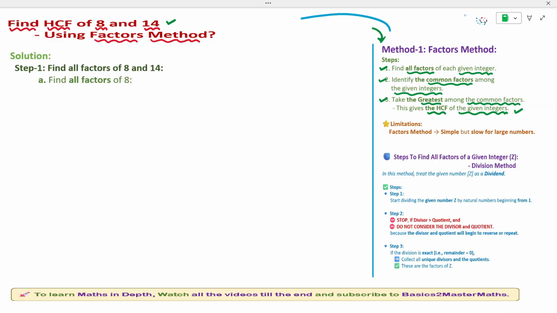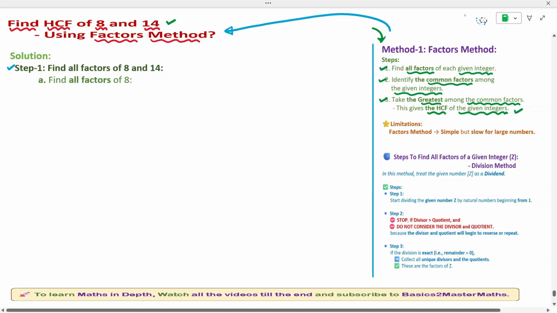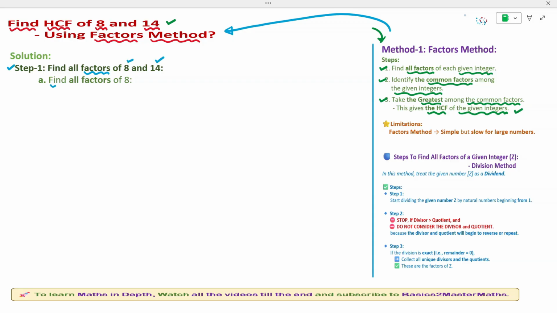Let us apply these steps to solve this problem. Step 1. Find all factors of 8 and 14. First, let us find all factors of 8.